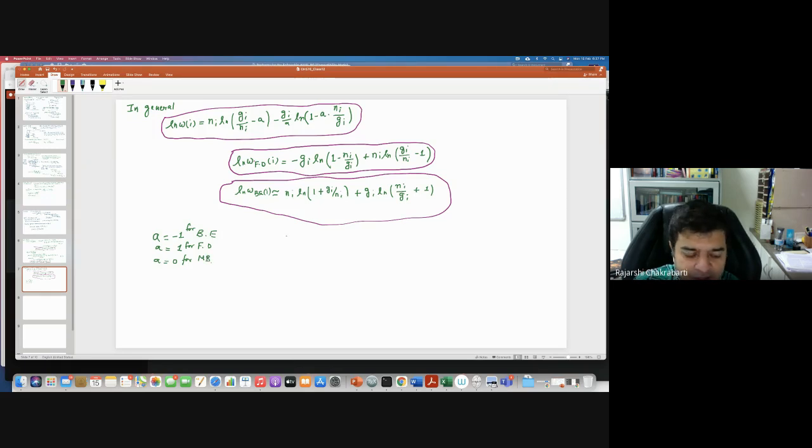You can double check it. In the Maxwell-Boltzmann, the small wi, remember, is gi to the power of ni divided by ni factorial. So ln w Maxwell i is ni ln gi minus ni ln ni plus ni, isn't it?